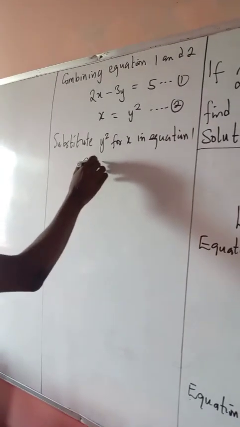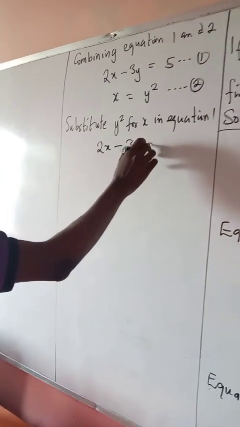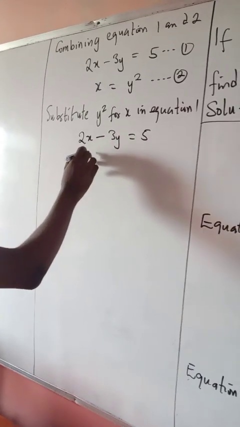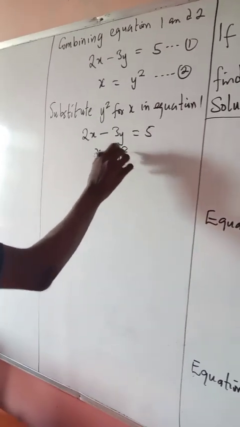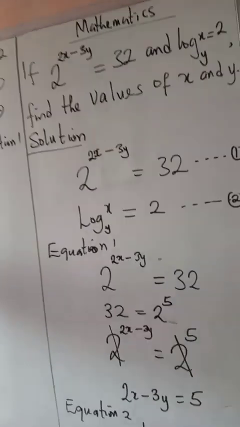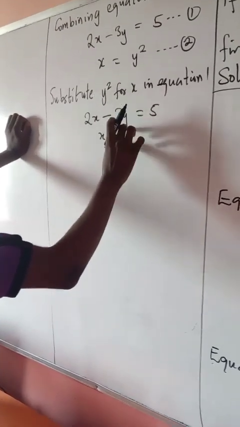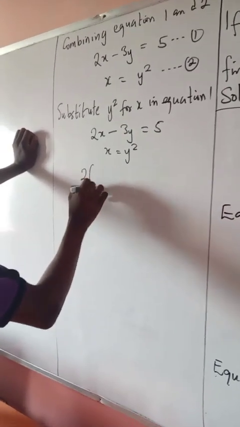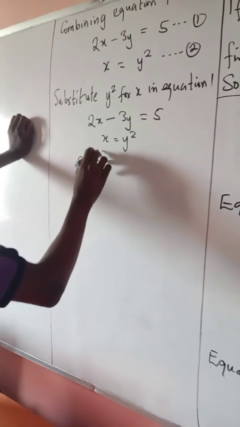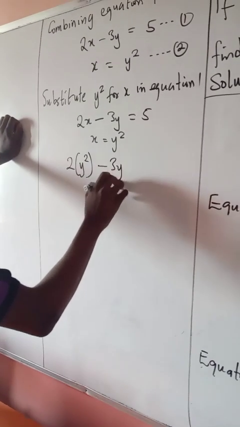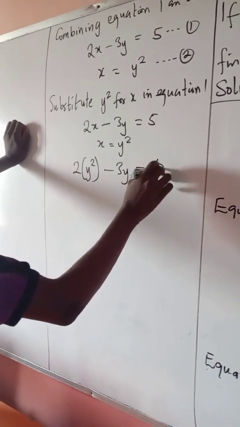Equation 1: we have 2x minus 3y is equal to 5. So x is equal to y square. Anywhere I have x, I will put y square. So I have 2 bracket y square minus 3y is equal to 5.